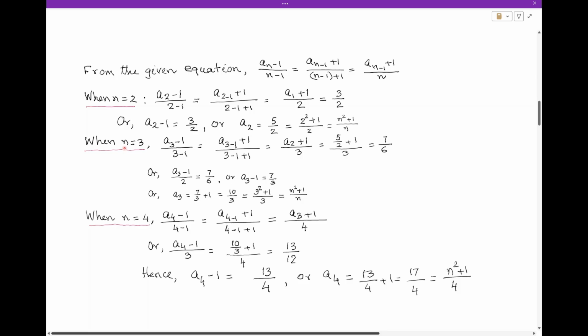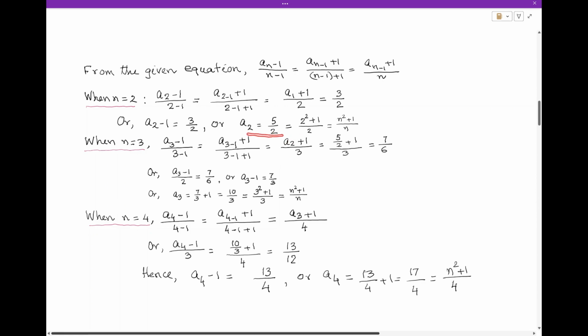Similarly, when n is equal to 3, we get (a subscript 3 minus 1) divided by (3 minus 1) is equal to (a subscript 3 minus 1 plus 1) divided by (3 minus 1 plus 1), and that becomes (a subscript 2 plus 1) divided by 3. We have just now found out a2 is equal to 5 by 2.